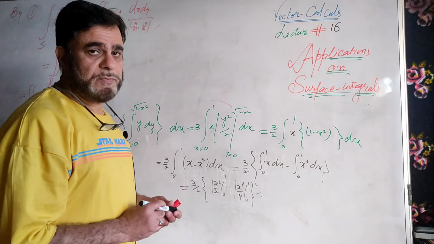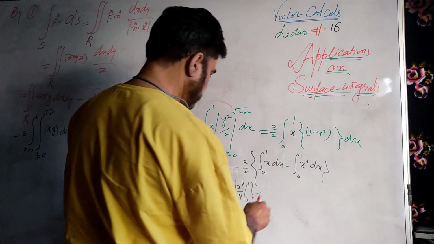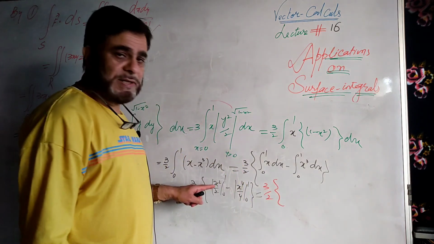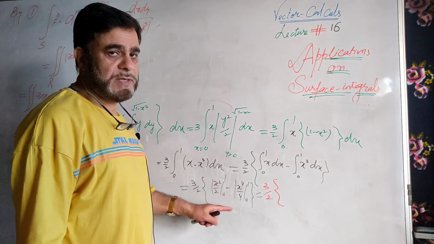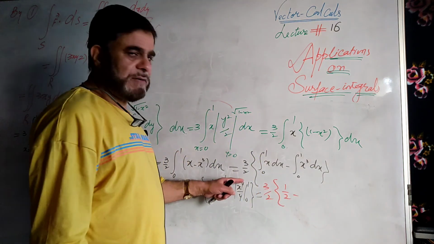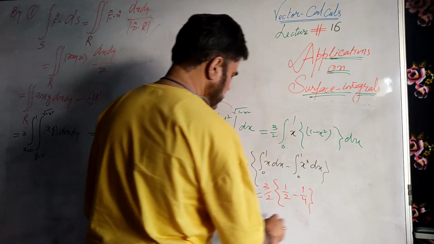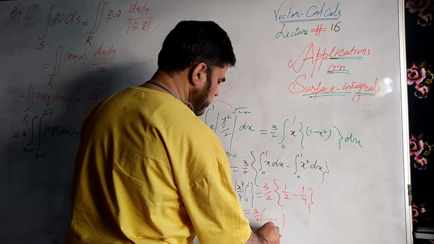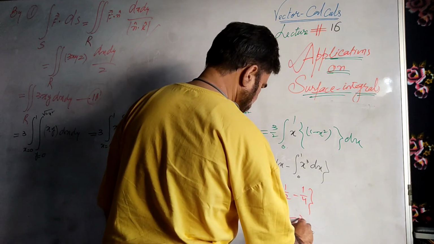Now we will be giving the limit here. When you give the limit 1, it is 1 by 2 minus 0 by 2, because upper limit is 1, lower limit is 0. It is simply 1 by 2 minus 1 by 4 minus 0 by 4. This is 1 by 4, and this on simplification gives you 3 by 2, with 4 as LCM, 2 minus 1, it will be 1. So this is 3 by 8.